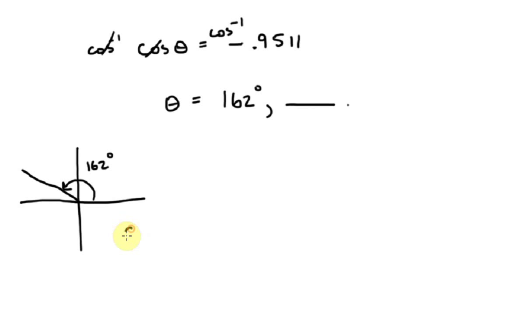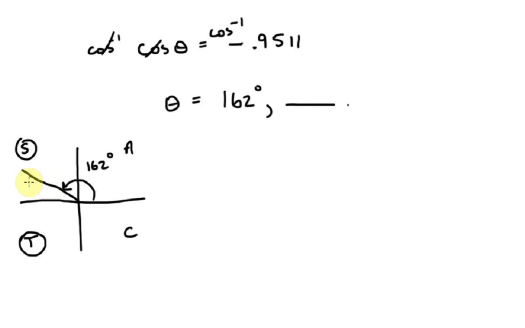Now if I use the cast rule, I can see which other quadrant I want to be in. So I go, well, this was a cosine that was negative. So I don't want to be here. I do want to be here, but I already knew that. And I do want to be here. So these are the two quadrants where cosine goes negative. So I want to be in this quadrant over here.